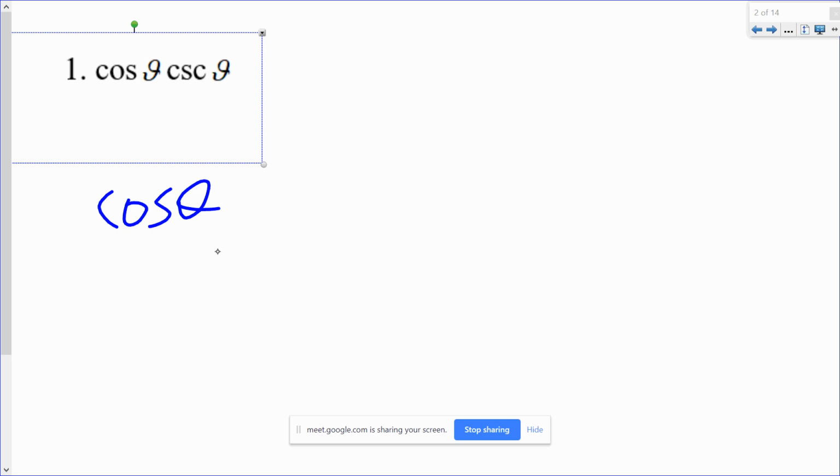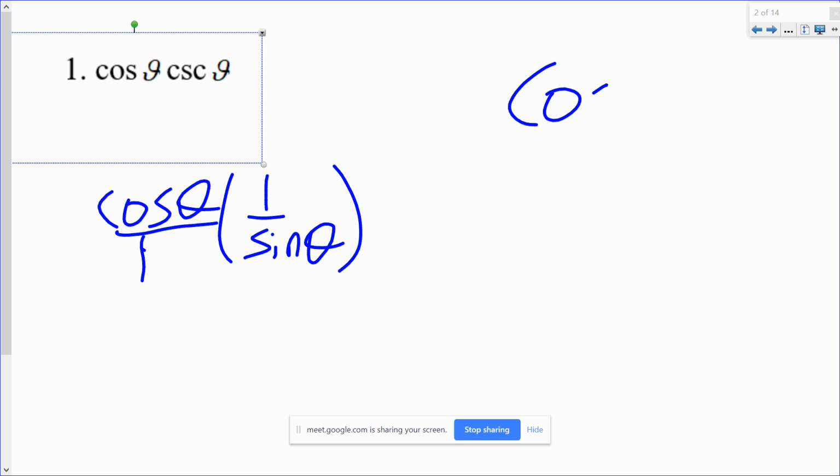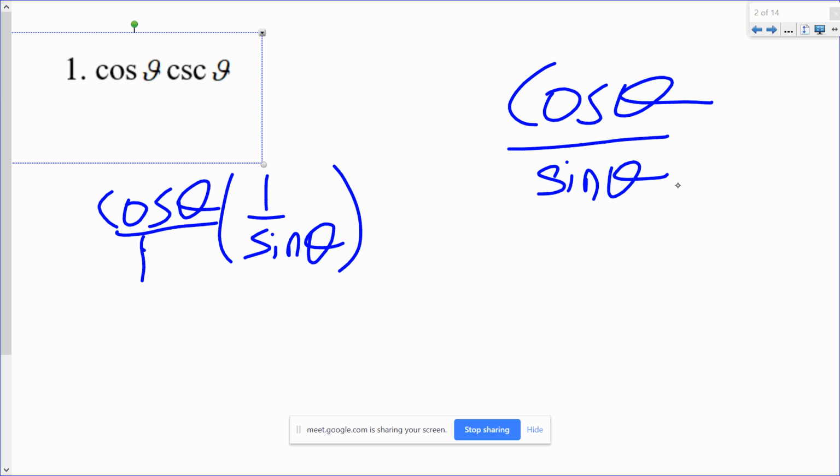So I'm going to replace that with 1 over sine. Now, if anything cancels, cancel it. In this case, nothing is going to cancel. So on top, I have cosine theta times 1, which is cosine theta. And on bottom, I have 1 times sine theta, which is sine theta.